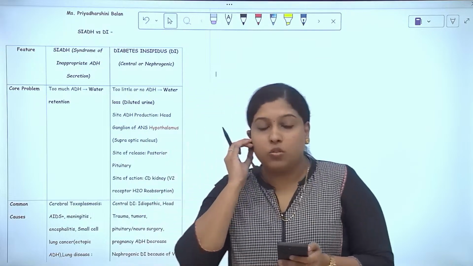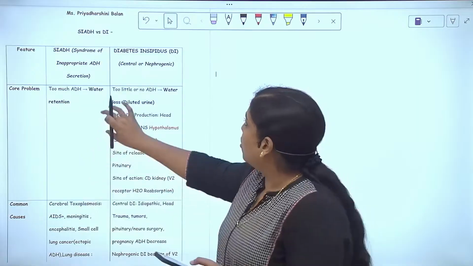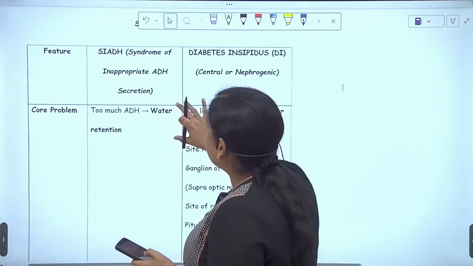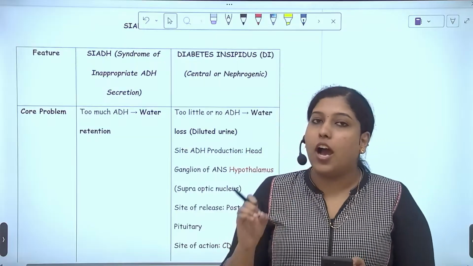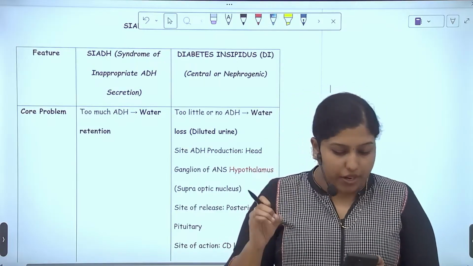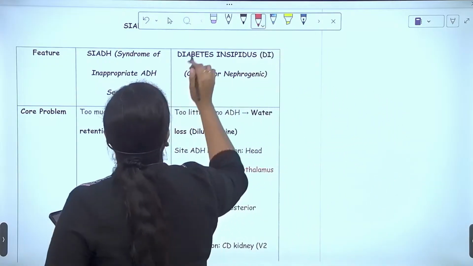As I said, we are discussing SIADH and diabetes insipidus. As you all know, SIADH is the syndrome of inappropriate secretion of antidiuretic hormone, right? Here there will be increased amounts of ADH.